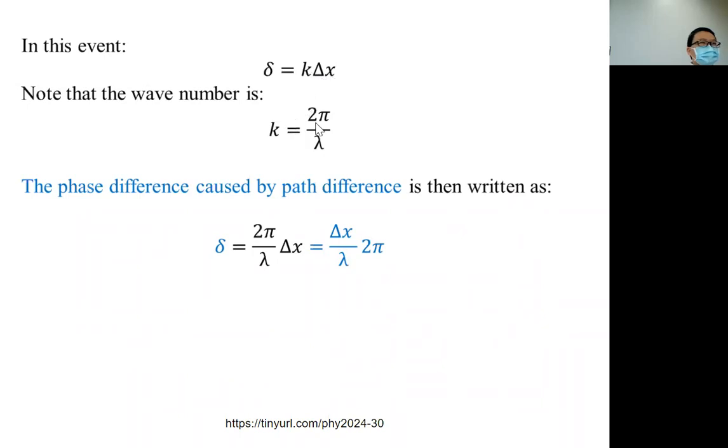Here k is 2 pi over lambda, which is called the wave number. The path difference is delta x, simply x1 minus x2 or the other way around. So the phase difference caused by the path difference is equal to 2 pi over lambda times delta x. You can rearrange the terms, which gives delta x over lambda times 2 pi, for the phase difference due to the path difference of the two waves.